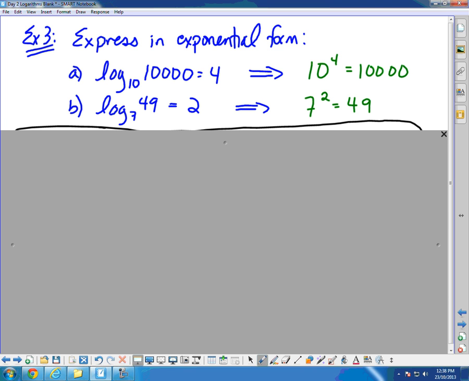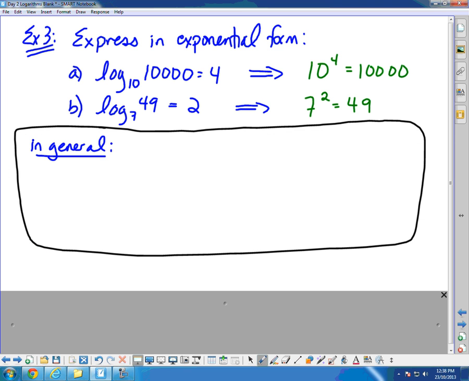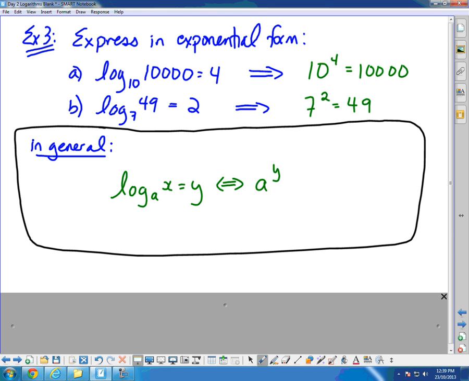In general, we have it like this. So there's the logarithmic equation on the left-hand side in general terms, and the corresponding exponential equation on the right-hand side.